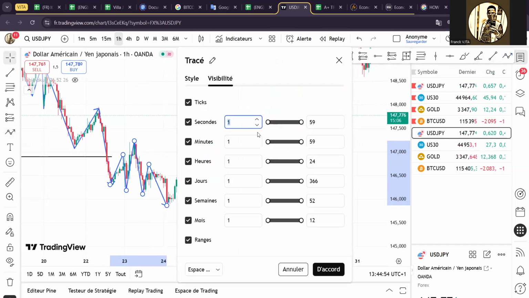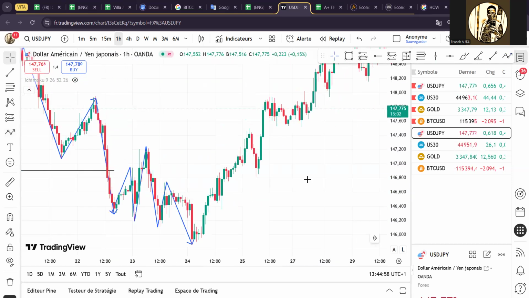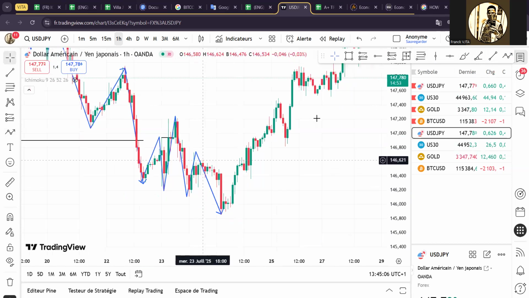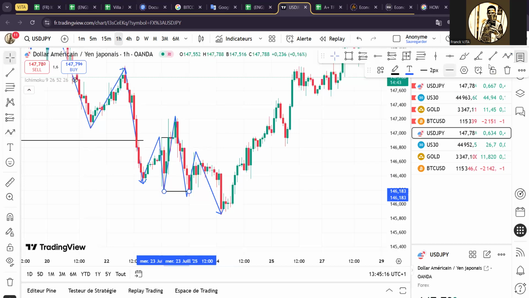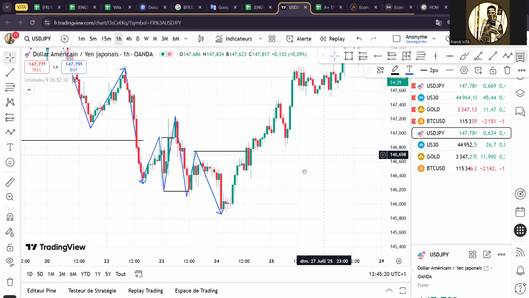From this point we are already to the upside, but after that, normally, because we broke this, we are to the downside. The only place where we can go to the upside is this one.